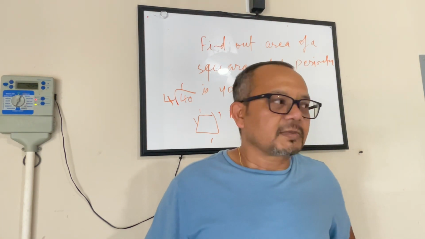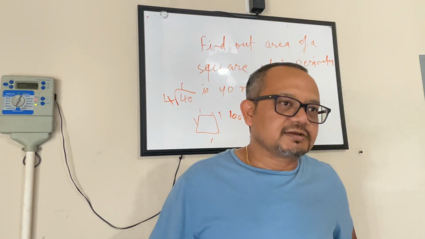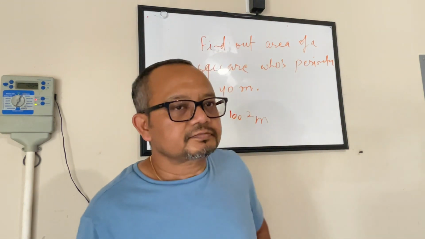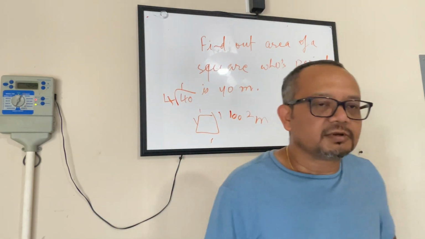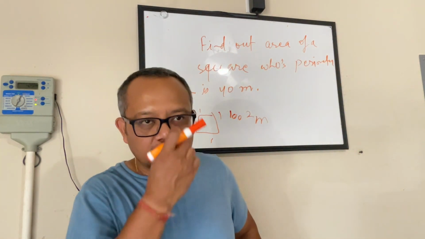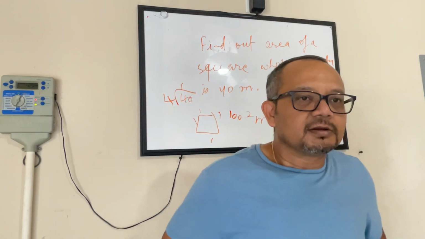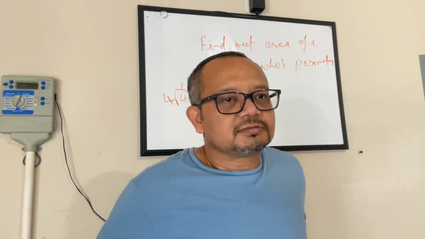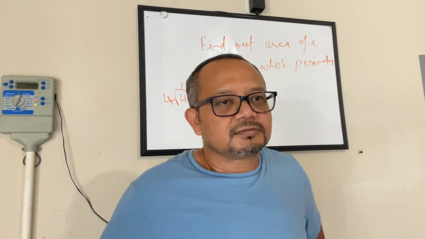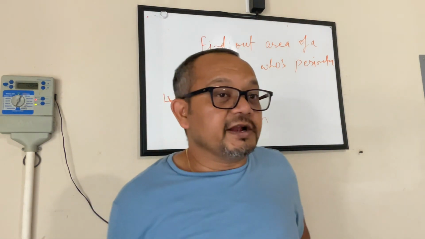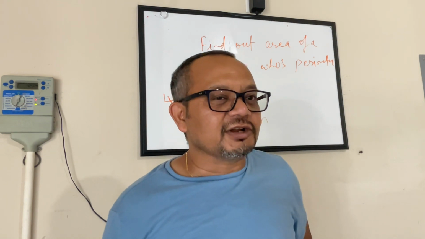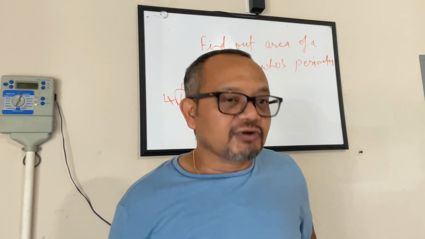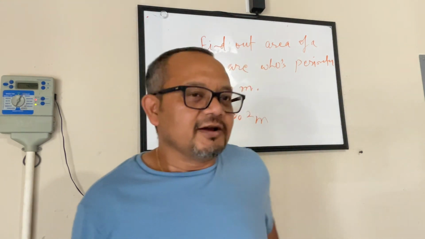So each of them is 10. Then we do the area. We take one side multiplied by the width, and we get 100. 100 of what? Can you tell me the unit also? 100 meters. No, 100 square meters. Oh yeah, okay.